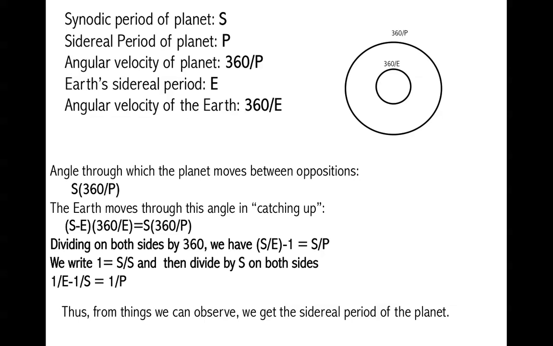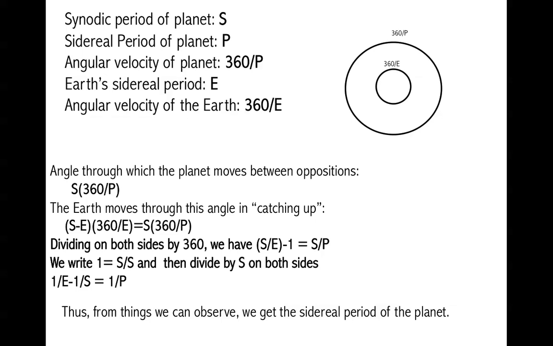But the angle through which a planet moves between oppositions is just the synodic period, S, times its angular velocity, 360 over P. So the Earth moves around to where it started in front of the stars in one Earth sidereal period, E. And then it has to catch up with the planet in order to be in opposition again, in order to reach the synodic period of the planet. So the Earth moves through an angle which is S minus E, the synodic period minus the Earth's sidereal period, times the Earth's angular velocity, 360 over E.